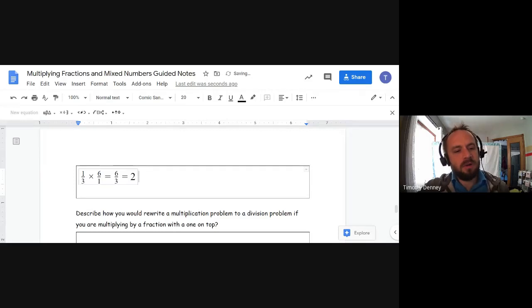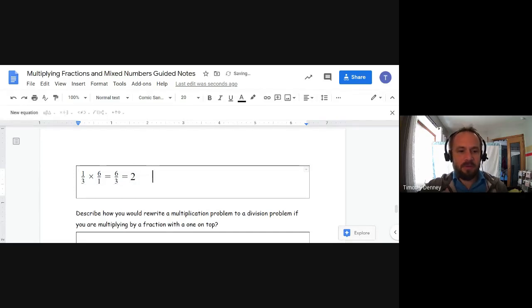Is there a way I could write this as a division problem? Well, there is, because look right here, remember fractions can be written as division problems. Really what ends up happening when I multiply by a unit fraction, where 1 is on top, is I end up taking the whole number and dividing it by the bottom number.